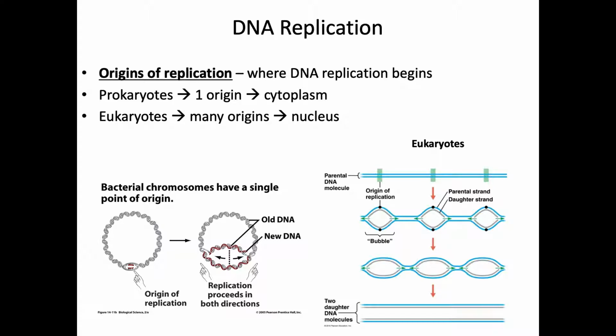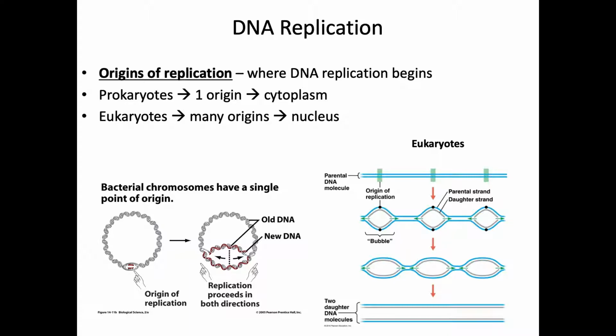In DNA replication, you have to have a start point where DNA replicates. That is called the origin of replication. In prokaryotes, bacteria, they have a single circular DNA chromosome. Since they don't have that many genes, they only have one origin of replication where these 2 strands will disconnect.